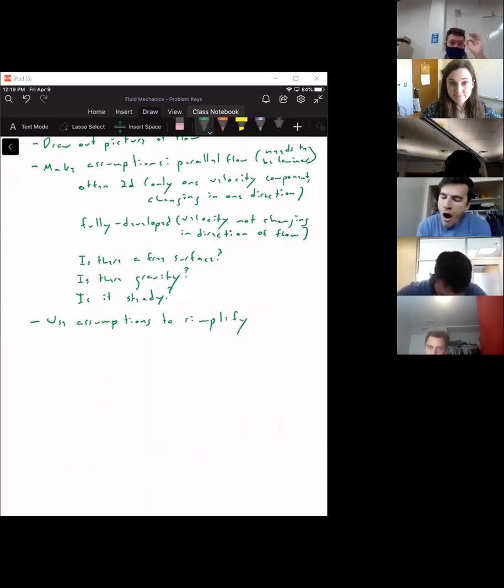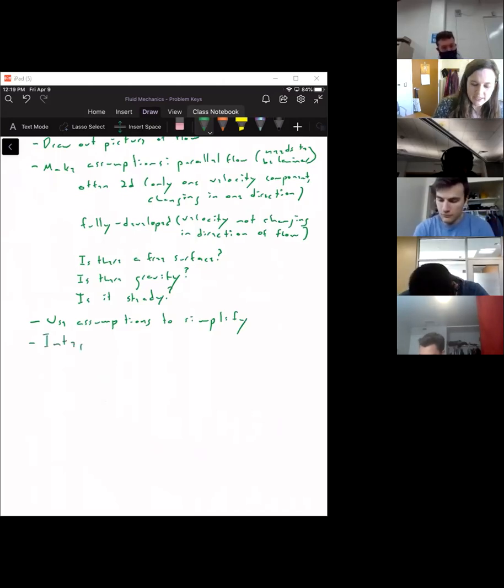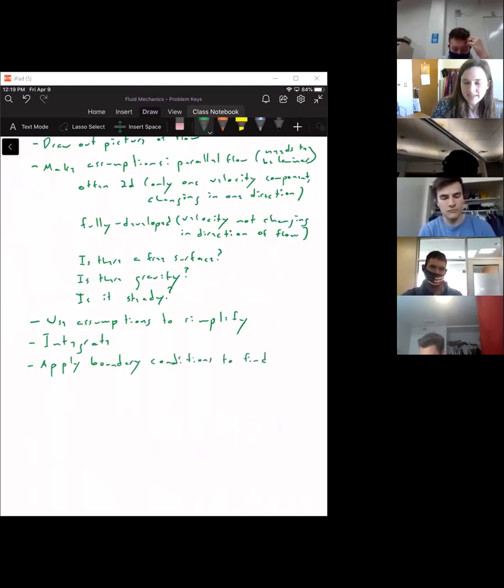Dr. Nickerson, I have a question. Yes. So on this second type of problem where we have to find the velocity and pressure profile, we can apply boundary conditions to solve for the constants after we integrate, right? Integrate, then apply boundary conditions. Yep. But for the first type, when we just have to find the pressure field only, I know in the homework you said it was all right if we just leave it as arbitrary constants.